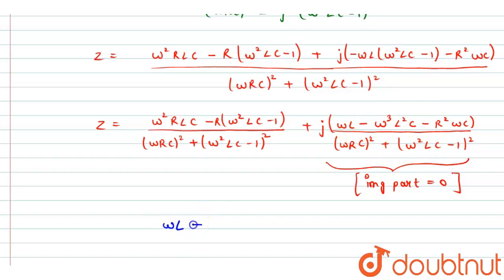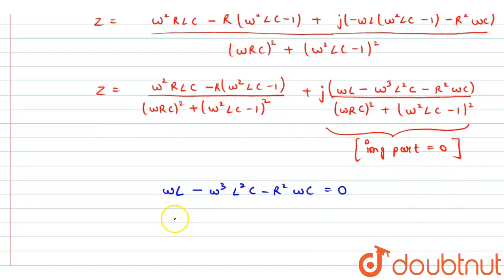So we have omega L minus omega cube L square C minus R square omega C equal to 0. Taking omega common, we will get L minus omega square L square C minus R square C equal to 0.